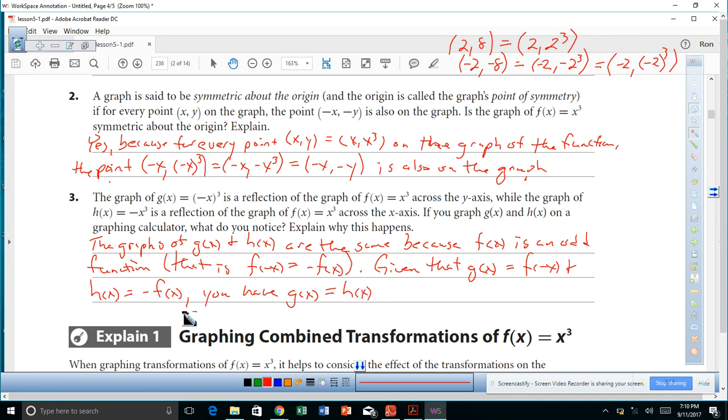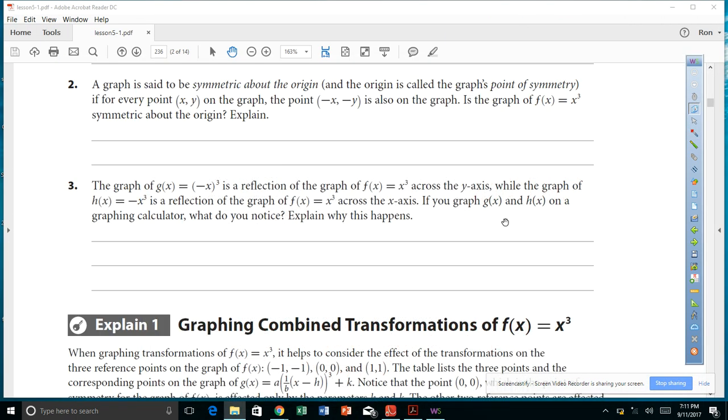All right. What that's saying is, given that g of x is (-x) cubed, it equals -x cubed.